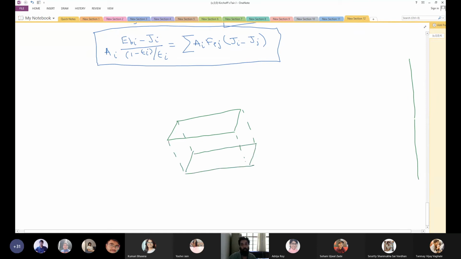One is the heater. The heater is at 1000 Kelvin.